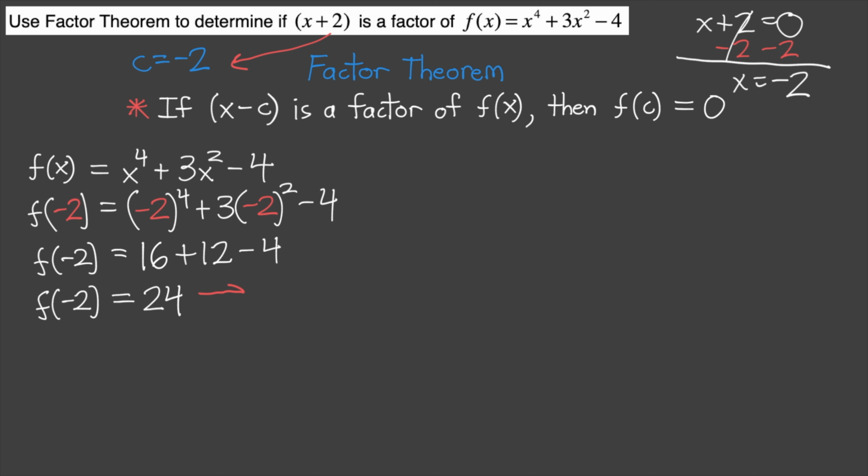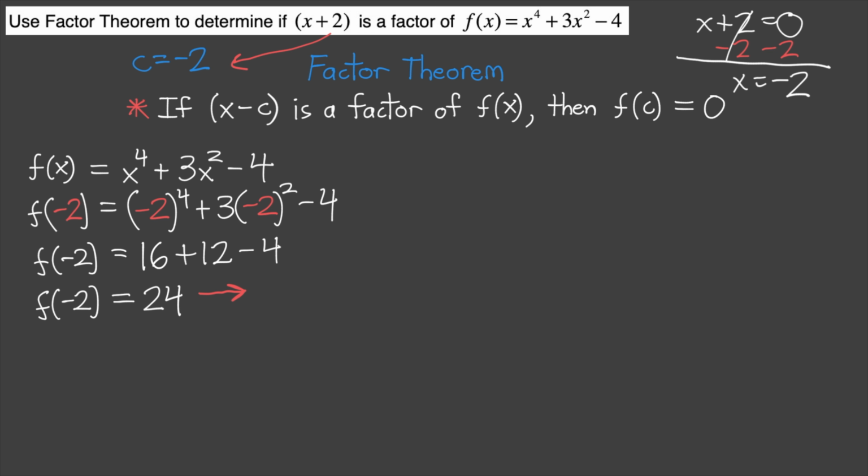All right, so is this 0? No, because remember, in order for x minus c to be a factor of f of x, f of c must equal 0. But we don't have 0.